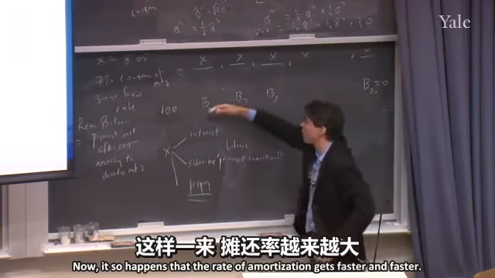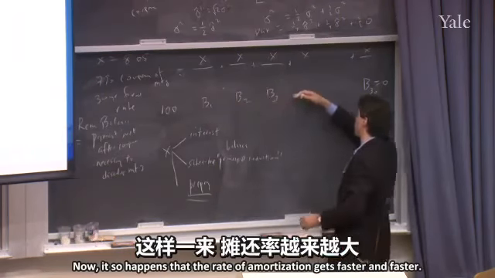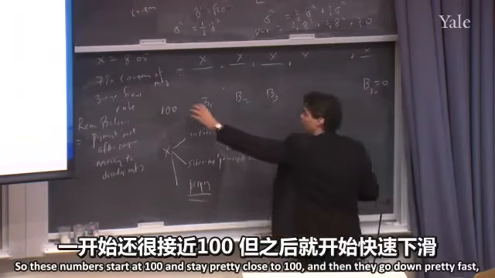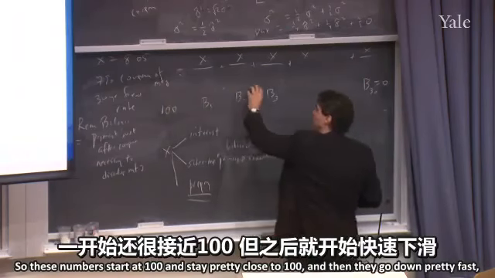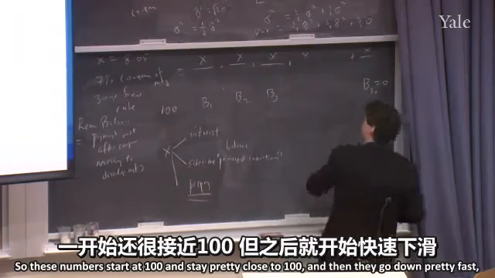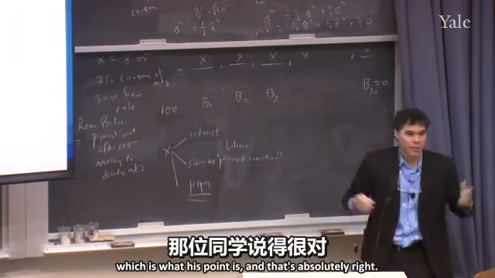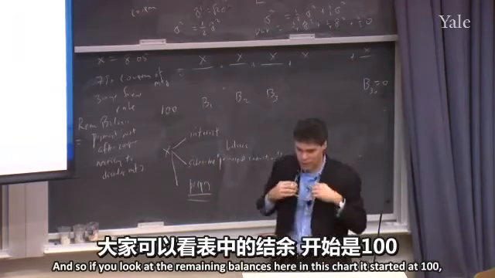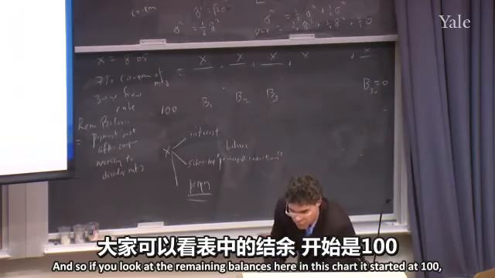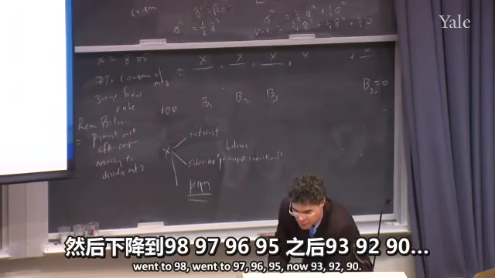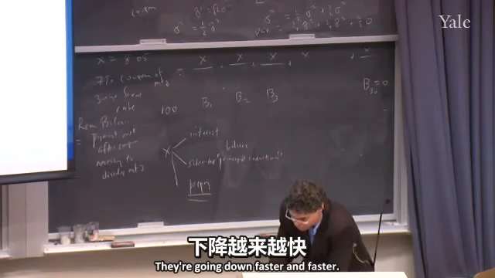Now, it so happens that the rate of amortization gets faster and faster. So these numbers start at 100 and stay pretty close to 100, and then they go down pretty fast, which is what his point is. And that's absolutely right. And so if you look at the remaining balances here in this chart, it started at 100, went to 98, went to 97, 96, 95, now 93, 92, 90. You know, they're going down faster and faster.